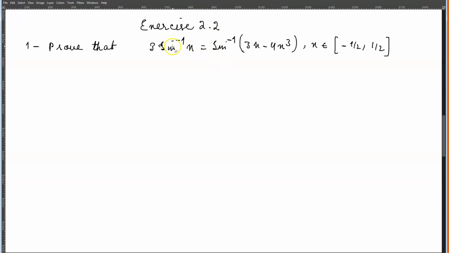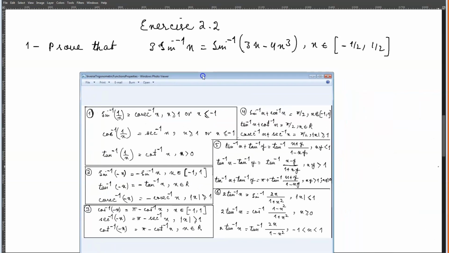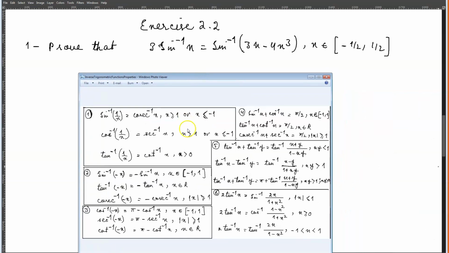So to prove this, let's take a look at the properties that we had here. These properties are basically: you have the reciprocal of x, and here you have x, and here you get sine inverse and cosecant inverse, cos inverse and secant inverse, tan inverse and cot inverse, and so on and so forth.